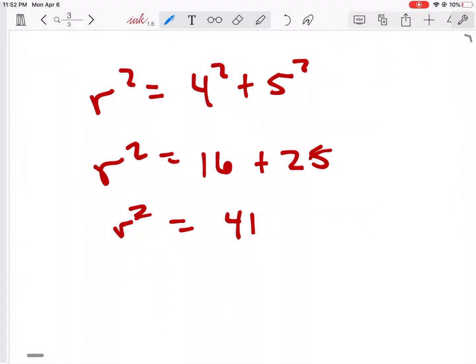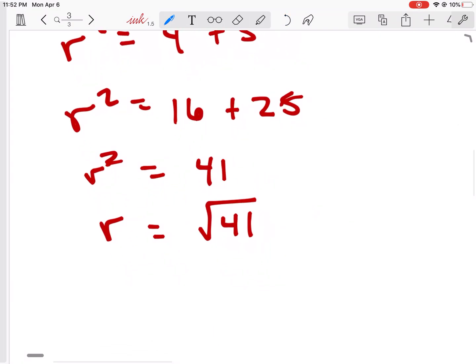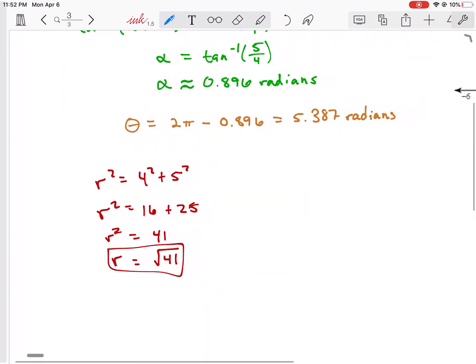Square root both sides, and r is equal to the square root of 41. 41 isn't a perfect square, and in fact it's a prime number, so we can't simplify this radical at all. We'll just leave it. So r is the square root of 41.